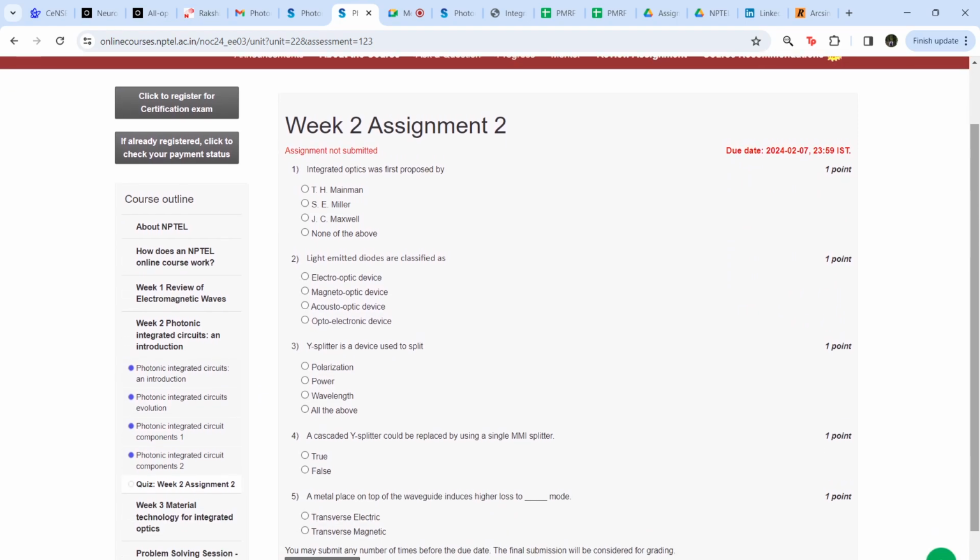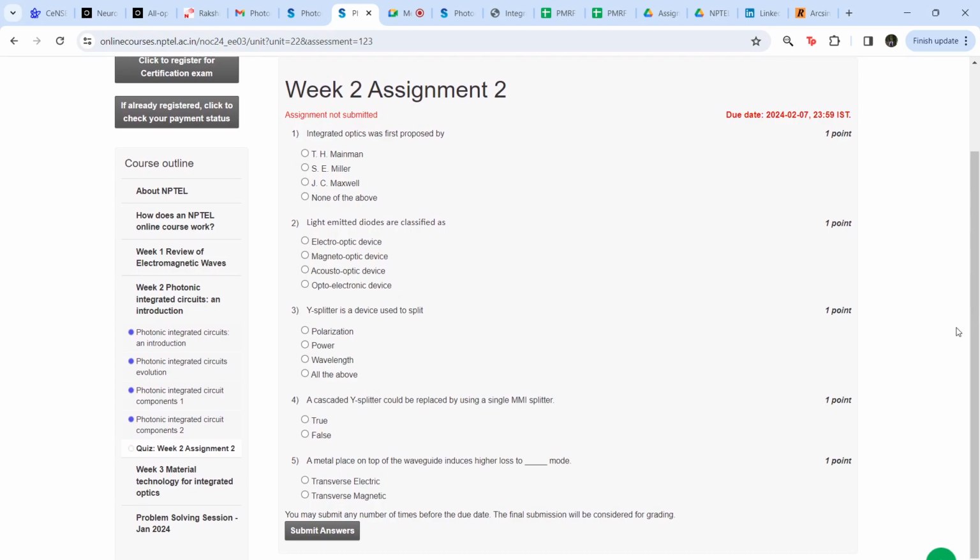Week 2 seems straightforward. Are these things discussed in class? Transverse electric, transverse magnetic, like mode polarizations and all. Yes, it was discussed in the week 2 lectures.